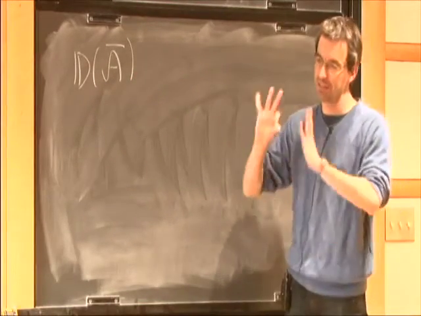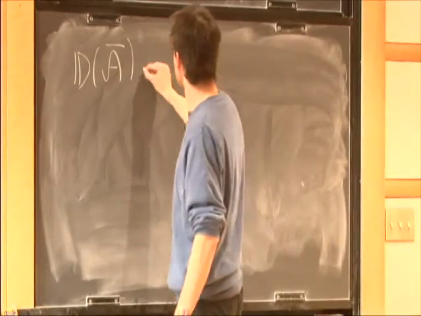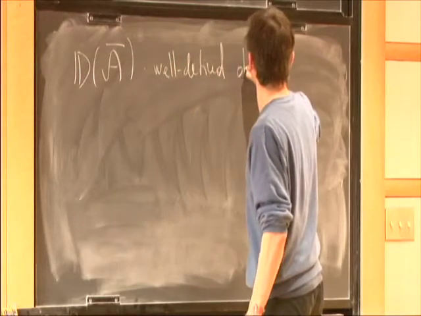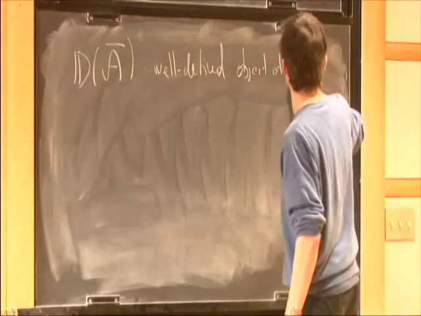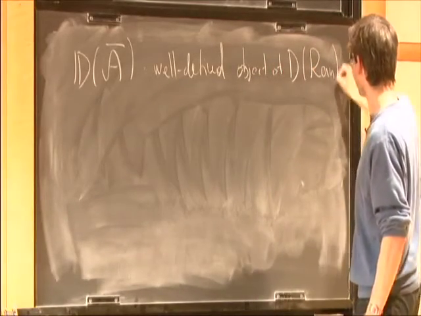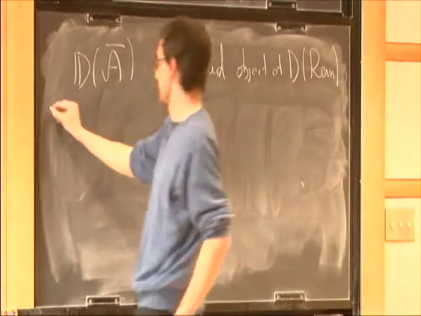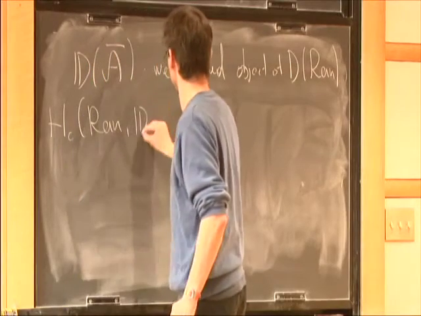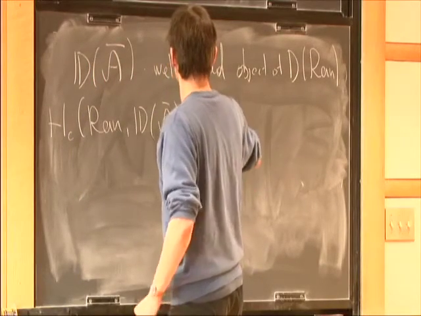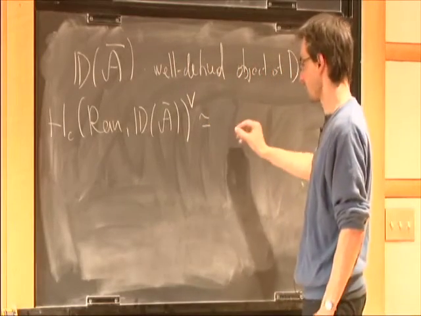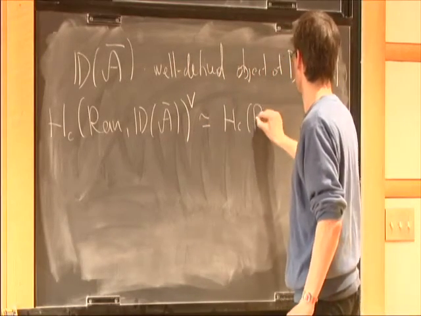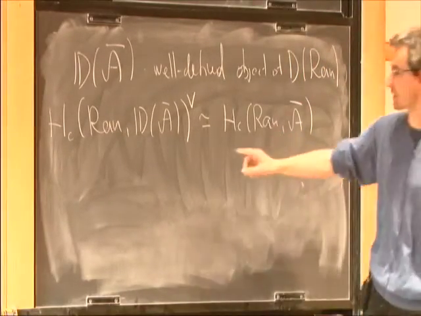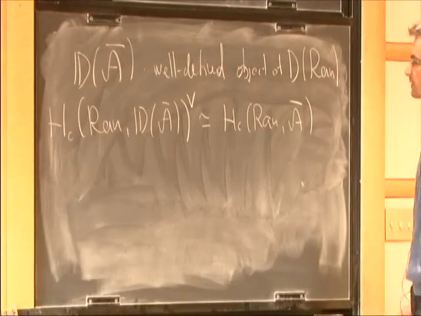Let me put it here as another well-defined object of D of the Ran space, with the property that if I take its cohomology on the Ran space and dualize, it will be the cohomology on the Ran space of A bar itself. Again, the Ran space is kind of compact, so for that reason cohomology with compact supports appears on both sides.